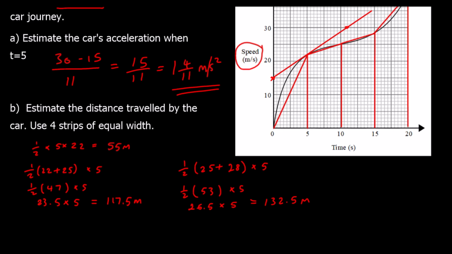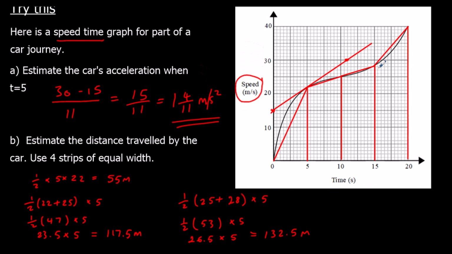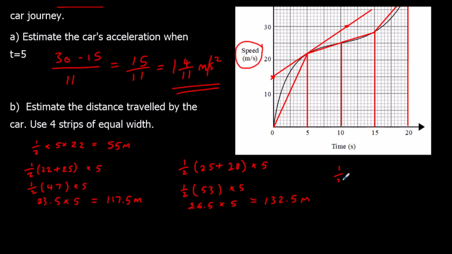And the last one, we've got 28 and 40. So half of 28 plus 40 times 5. 28 and 40 makes 68. Half of 68 times 5, so 34 times 5. So half of 34 times 10 is 340.